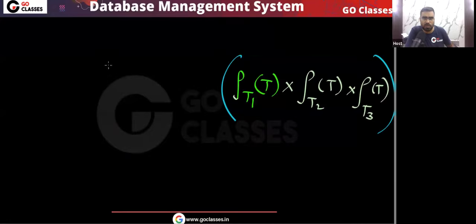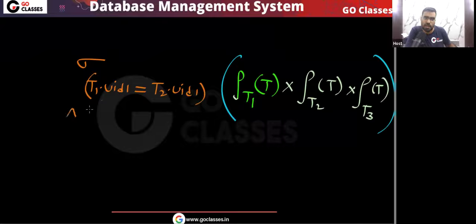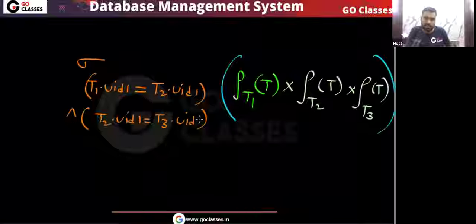After creating these three copies, I will select those tuples. Okay, selection condition I will apply. What should happen? T1 dot UID1 should be equal to T2 dot UID1. Okay, and T2 dot UID1 should be equal to T3 dot UID1.